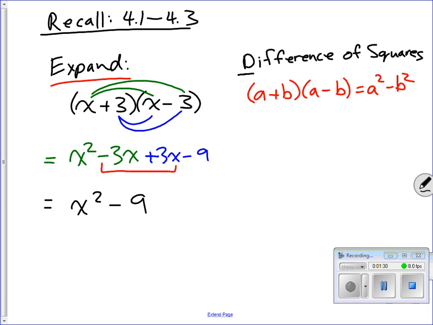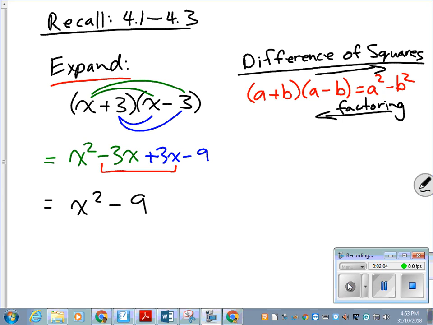Now, when we talk about factoring something like this, we're actually talking about going backwards in the equation. Expansion goes this way to the result, and factoring goes backwards. Now let's move on to the note for the day.